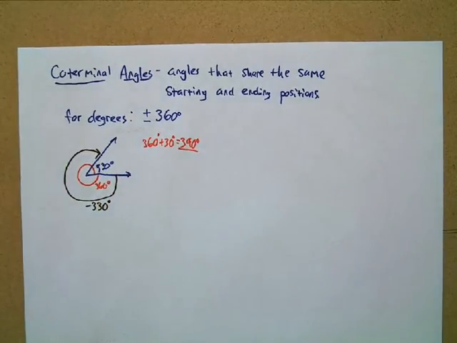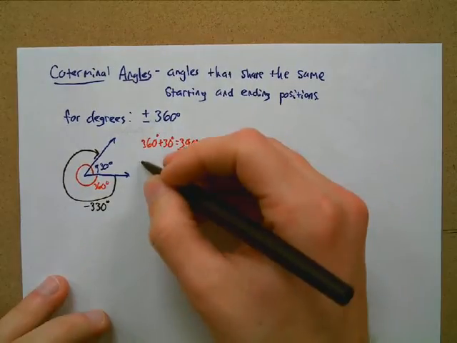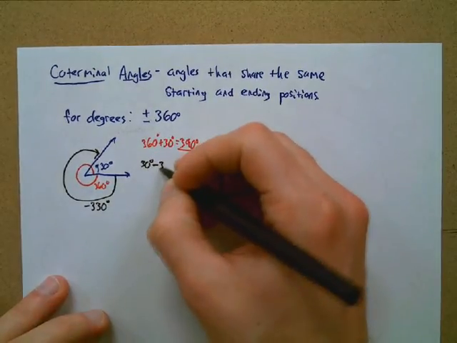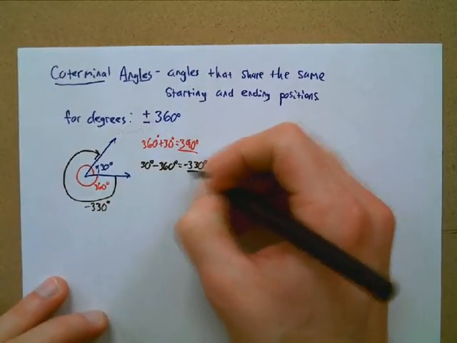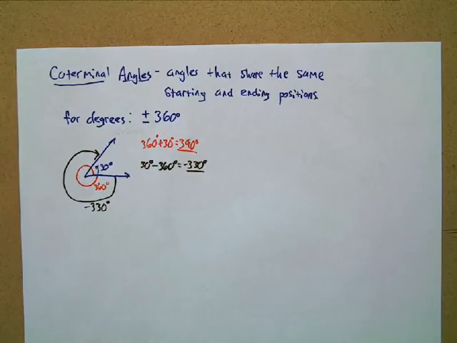They're coterminal, and in fact, you come up with an infinite number of them. I can keep adding 360, so I can do 390 plus 360, and then that plus 360, and then that plus 360. I can get an infinite number of coterminal angles, and the same thing in the opposite direction. I could keep subtracting 360, minus 360, minus 360, and get an infinite number of coterminal angles that would all end up in the same position.